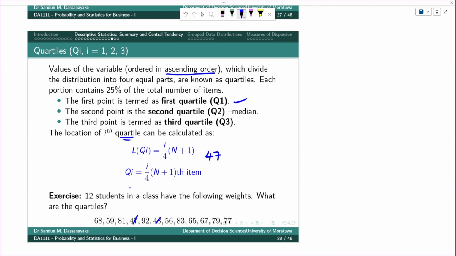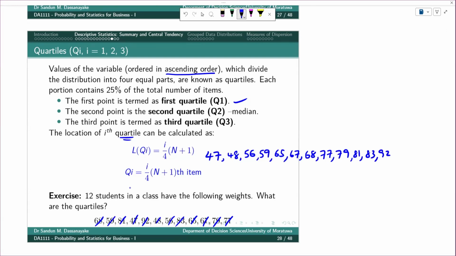And then you have 48, then 56, then 59, then 65, 67, 68, then 77, 79, and 81, 83 and 92.